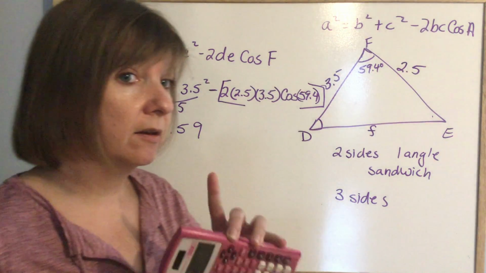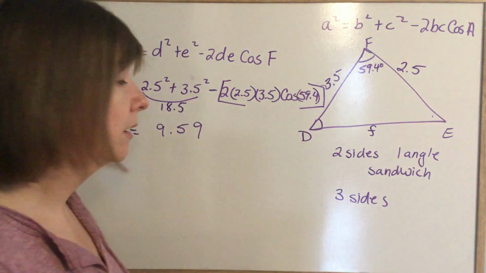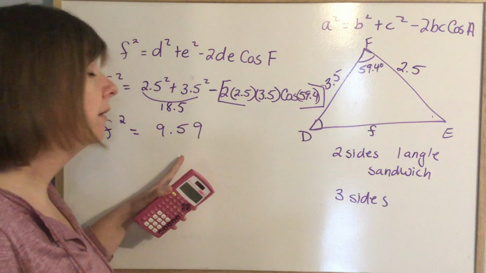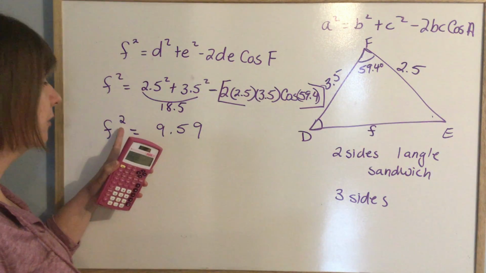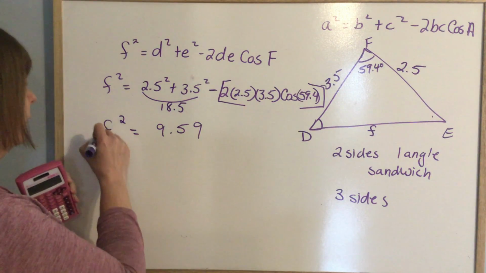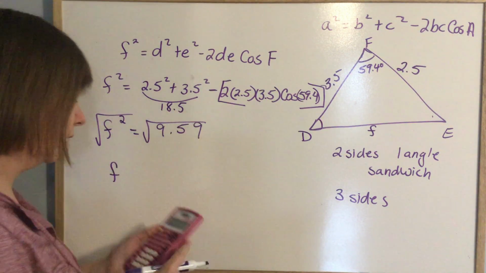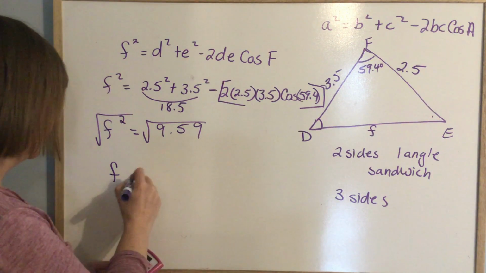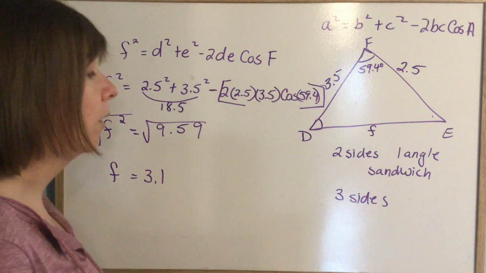Here's the second mistake that people make. They tell me that this is the answer. This is not, okay? Because this is F squared. If I want side F, I'm going to have to take the square root of both sides. So I'm going to take the square root of that, and I'm going to get 3.1.